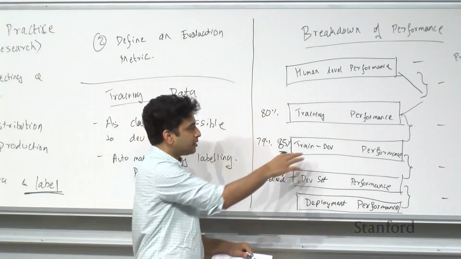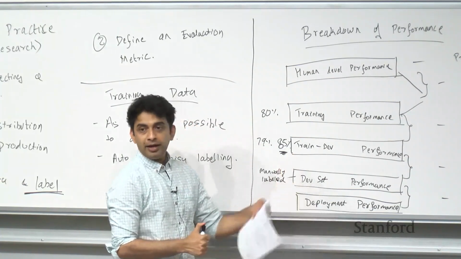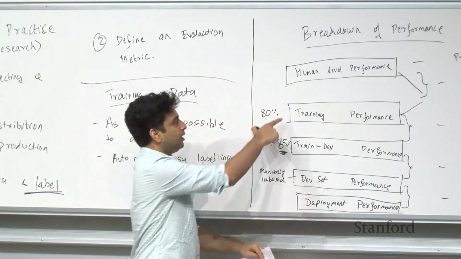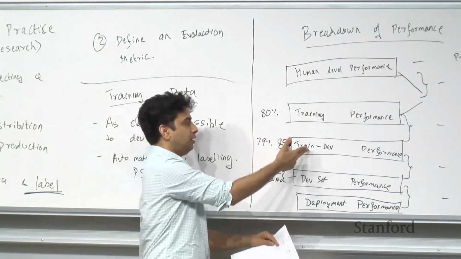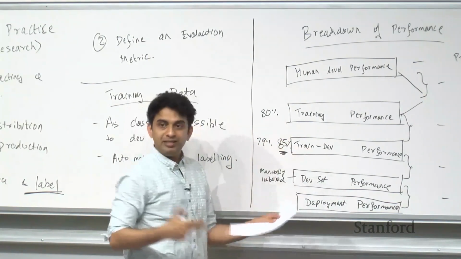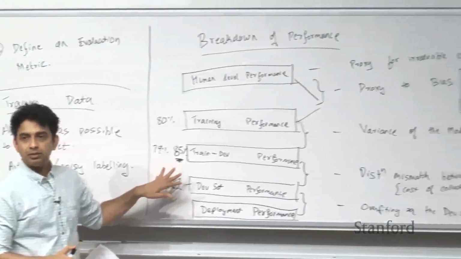Maybe there is some bias in the way you've sampled the train dev set, and it could be that the fraction that got left out in the training set were harder examples, but this biased subset are easier examples. It's something like that. Generally, you don't expect this to happen.